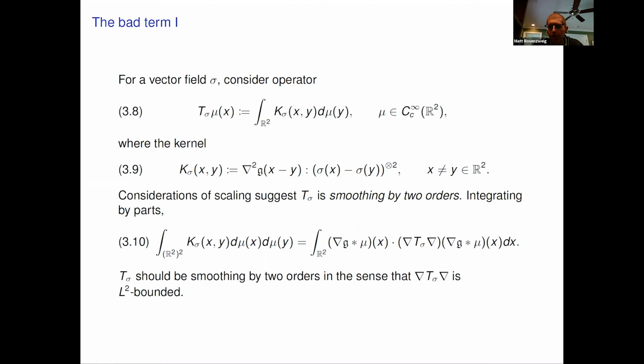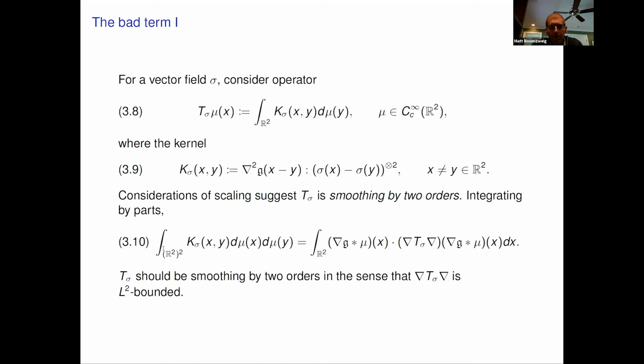And then thinking about how the Fourier transform changes homogeneity, you could think that this operator is doing something which is homogeneous of degree -2 in Fourier space. But more precisely, to understand the smoothing property, suppose we integrate by parts.